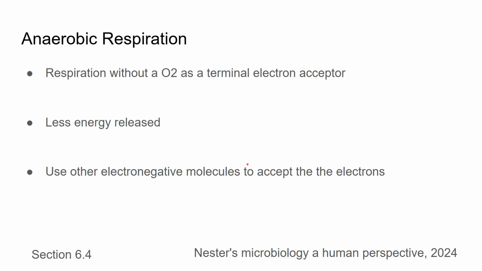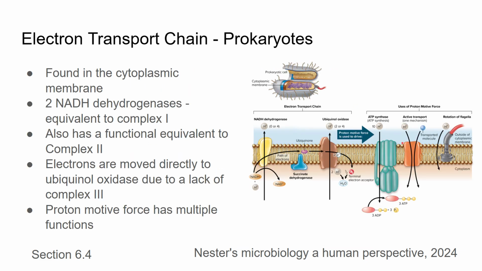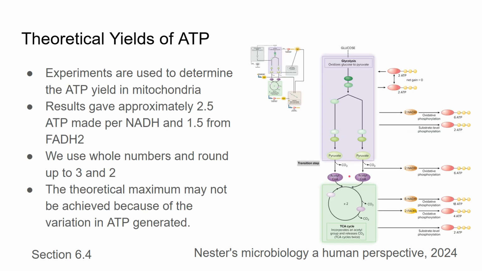This, plus the idea that prokaryotes can use the proton motive force for other things other than ATP generation, shows how we might not actually achieve those theoretical yields, both mathematically, like the experimental value will not meet the theoretical, but also the proton motive force might be used for something else.